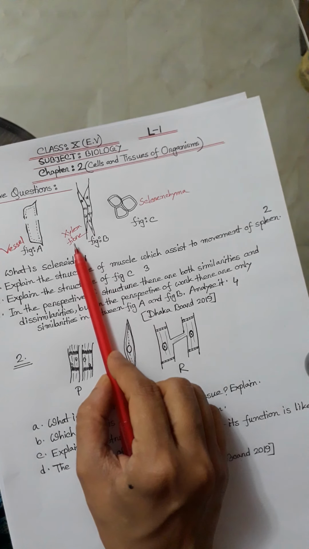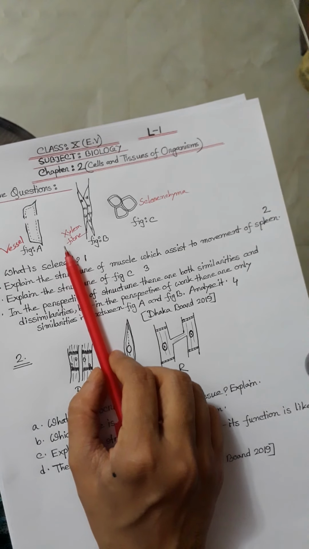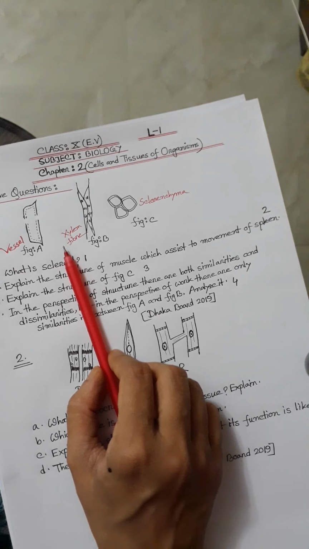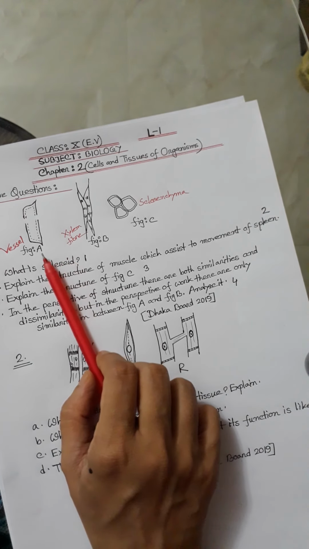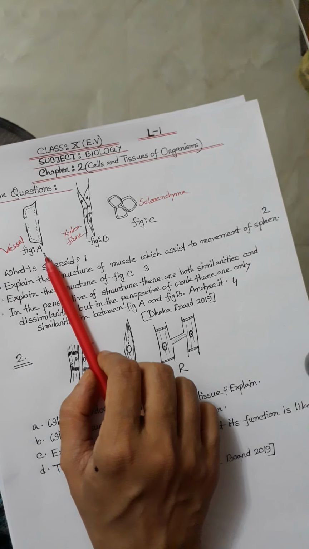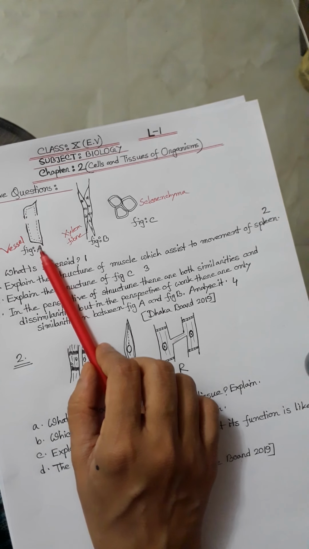Vessel walls also become differently thickened, such as scalariform, spiral, elliptical, pitted. You know what is pitted, pits.